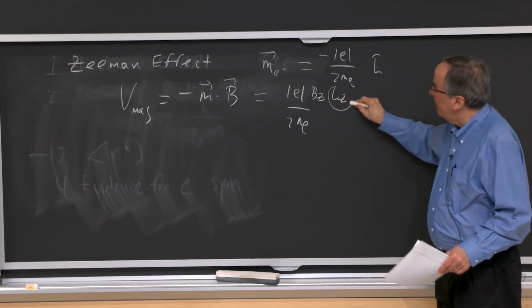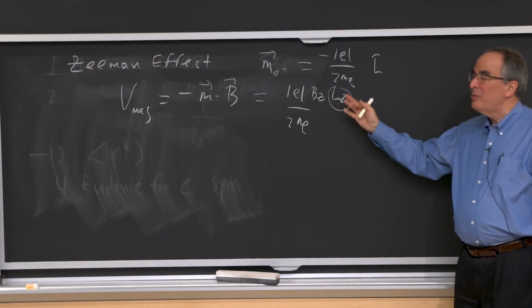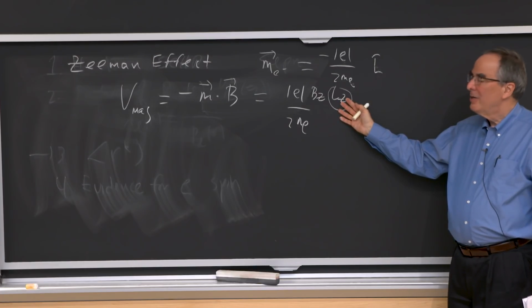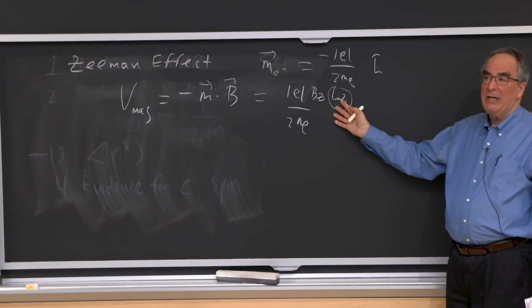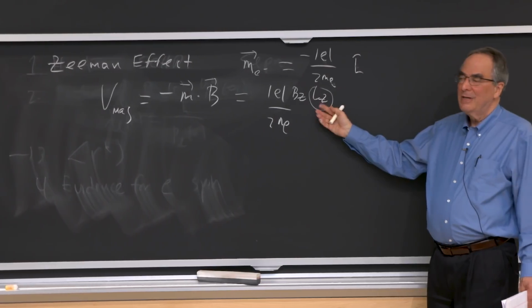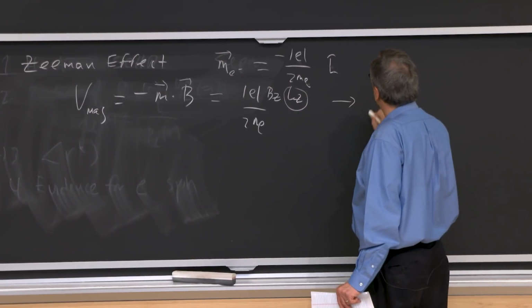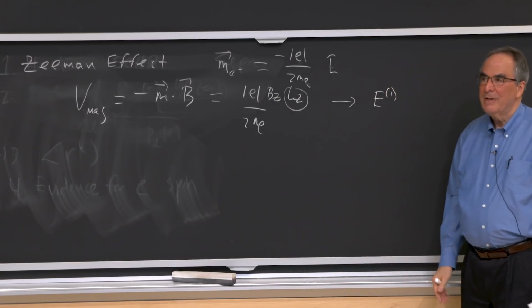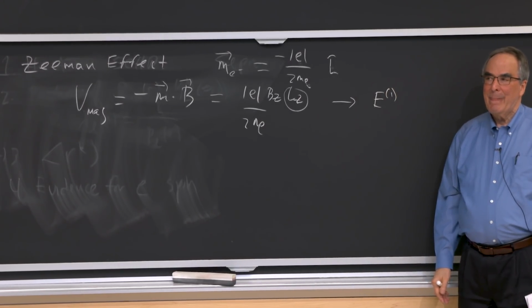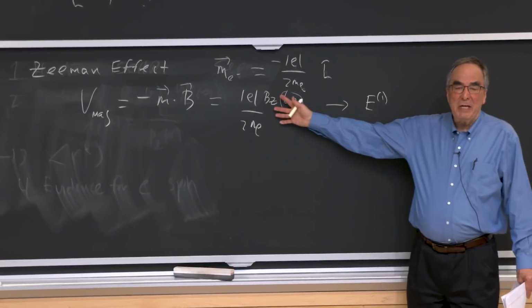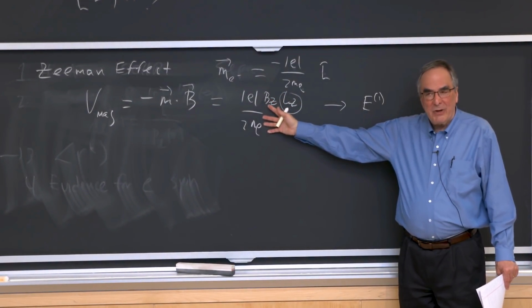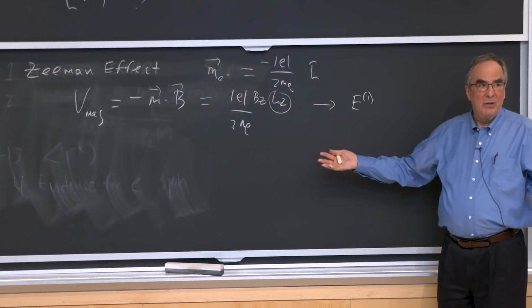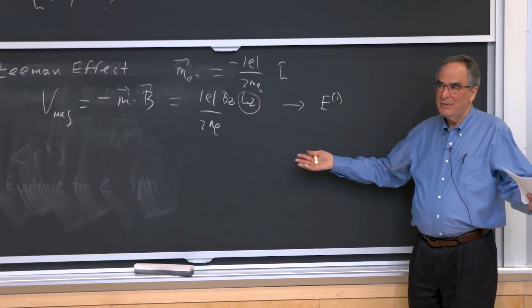Well, this is another very good thing because not only do we know what this is, we know that it has only diagonal elements. And so we can do first order perturbation theory. This is so easy. If this is the Hamiltonian, we can just tack that on and it adds an extra splitting to our energy levels.